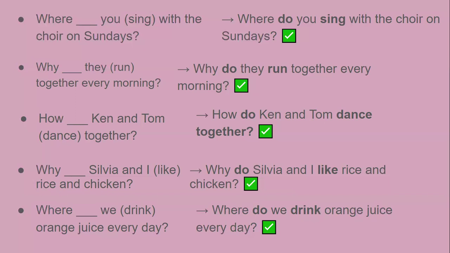By verbs to be in the simple present tense, I'm talking about am, is, and are. Okay? But I am going to explain this in detail in the next video.